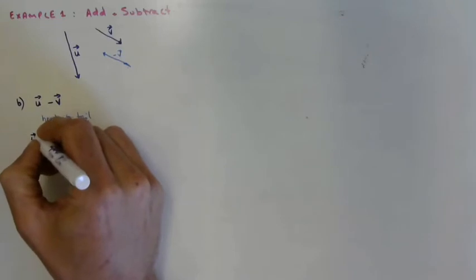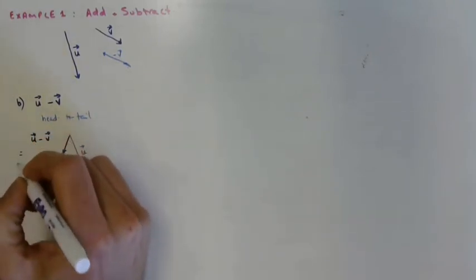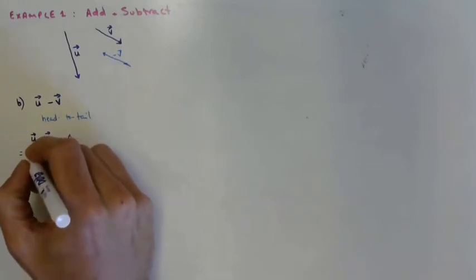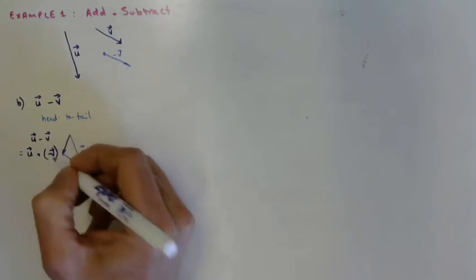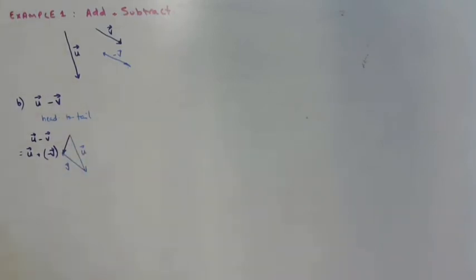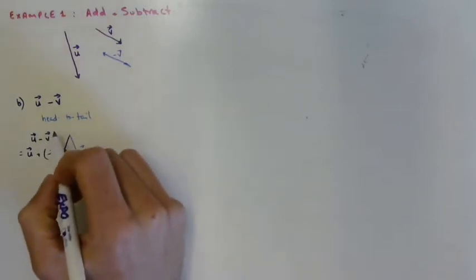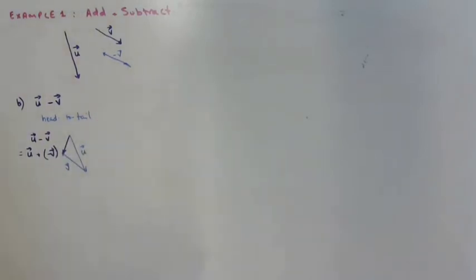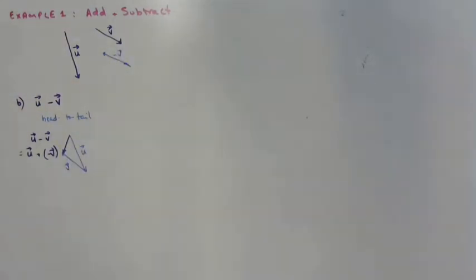I'm going to write it as u minus v. What we actually did, that's equal to the vector u plus the opposite of vector v. Again, we took the opposite of v, and then we did head to tail method. Basically like adding the opposite is what we did.